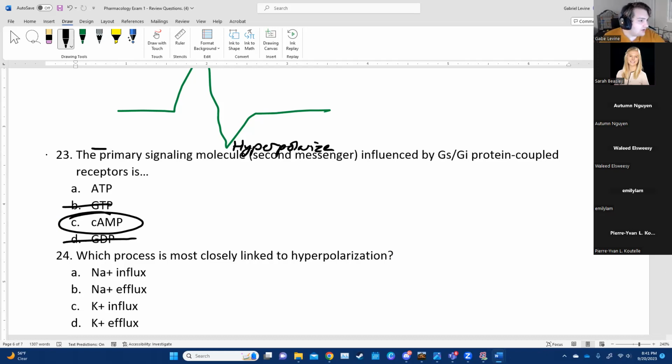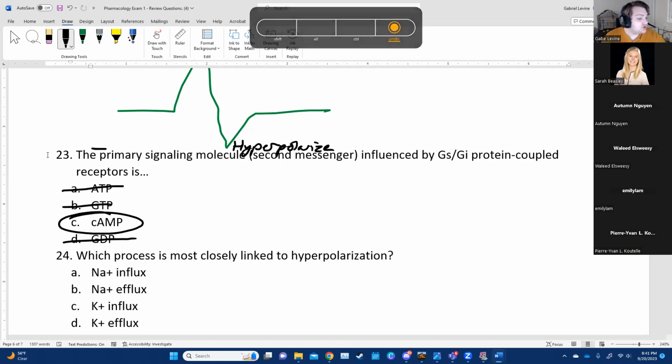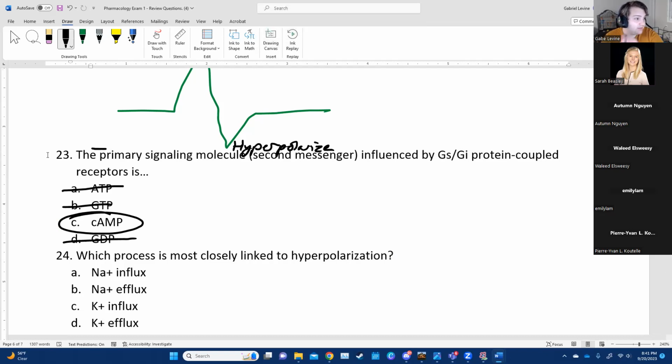GDP is not part of any second messenger system. GMP is cyclic GMP. And ATP is not a second messenger. It is turned into a second messenger, but it is not itself a second messenger. ATP does not go and activate anything on its own. It has to be converted first by adenylyl cyclase.